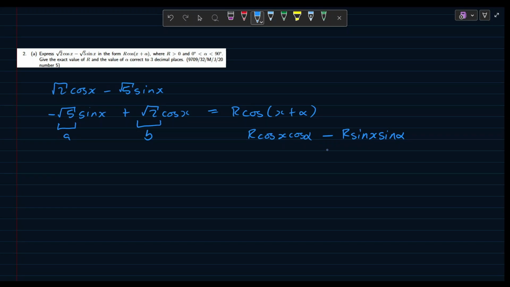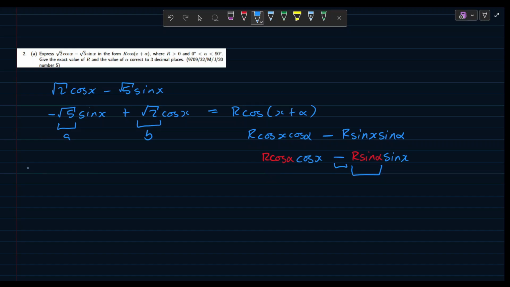Alright, and so if we rewrite this properly, this will be r cos alpha cos x minus r sine alpha sine x. So you can tell that the negative sign comes from the formula. So it means r sine alpha itself is just going to be equal to root 5, and r cos alpha is going to be equal to root 2. So you can ignore the negative sign.